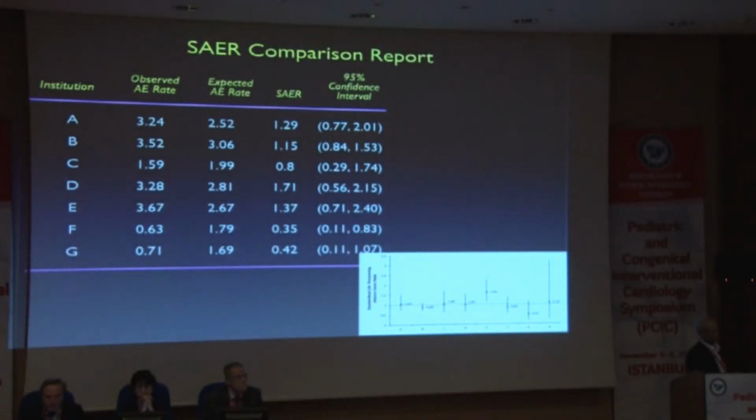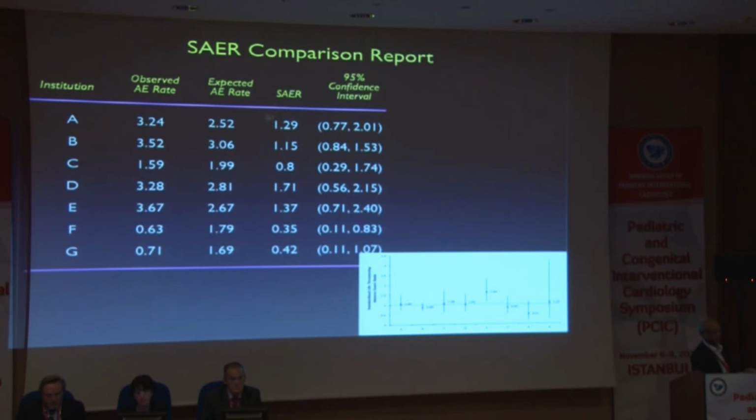In that C3PO registry, the serious adverse event ratio comparison again gives you some reasonable information. For example, these are different units and their serious adverse event ratio. The observed adverse event rate is seen here, expected here, and the nearer you are to 1 or less than 1, the better your unit is performing.